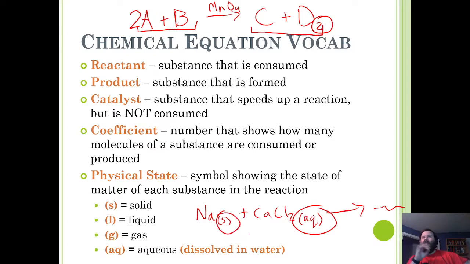They're usually written either as subscripts or just after the chemical formula, and they just have a letter or two letters in parentheses, and this describes whether it's a solid, liquid, or gas, or aq, which is aqueous, which just means that it's dissolved in water. So this is something you can distinguish where, if you have a precipitate forming, it'll form something that has a little solid s after it, rather than continuing to be aqueous, for example.